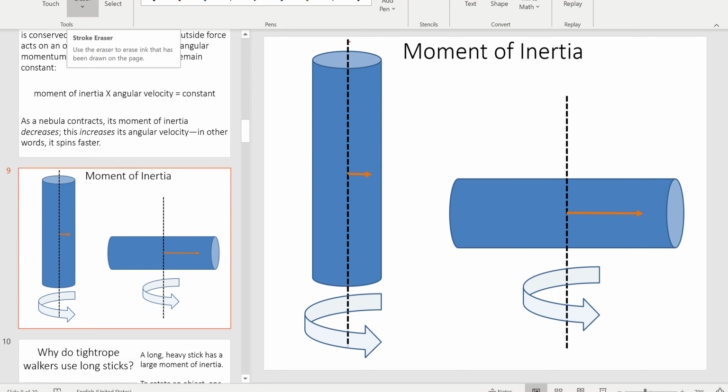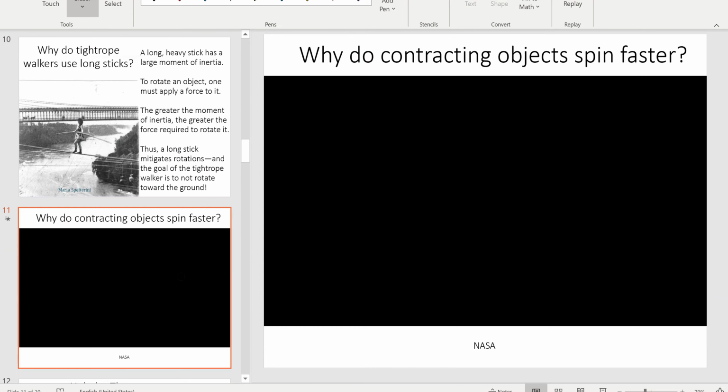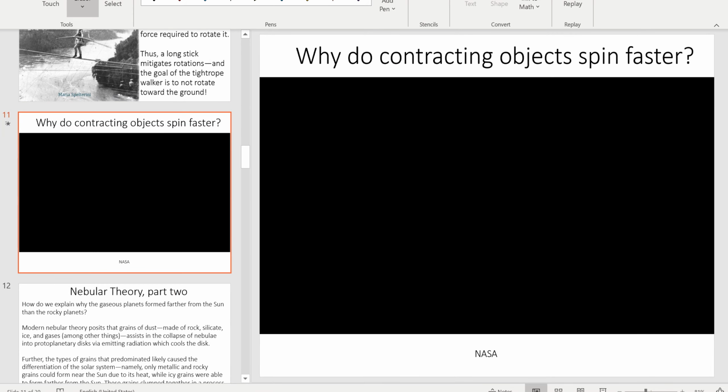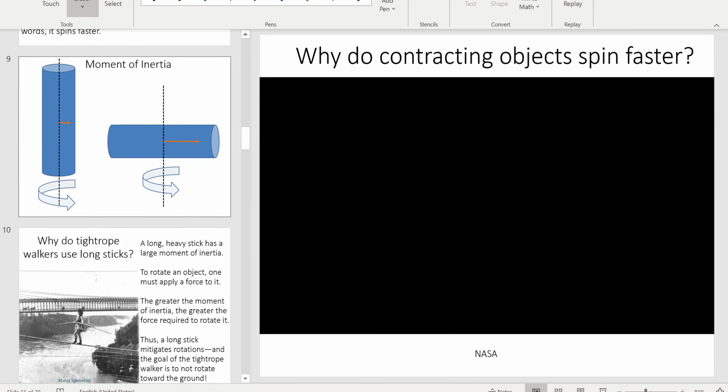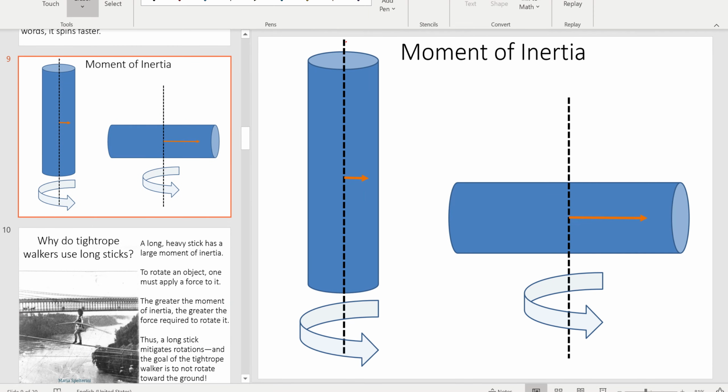The same logic applies to nebulae. As nebulae contract, I just want to draw a picture actually. I'm going to talk about the tightrope walker in just a second. Now let's go back to our picture of a nebula that is contracting. This is a terrible depiction.